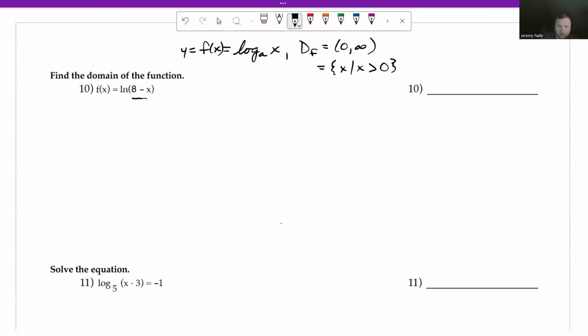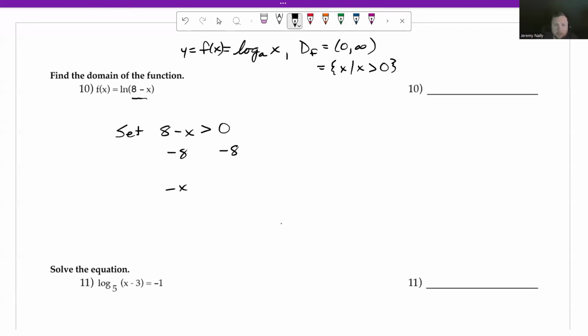Looking at this one, all we have to do is set the argument of the function, the thing inside of the log, greater than 0. Just greater than 0. It can't be equal to 0. You can't plug 0 into the log. And then we just solve for x.